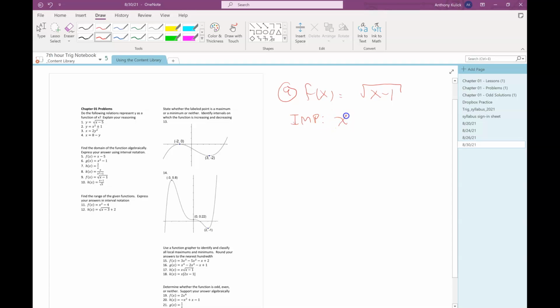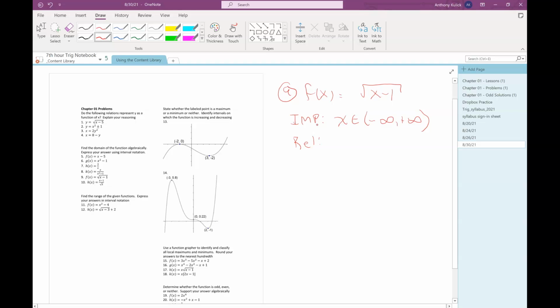In this problem, since there's no context, it's not part of a story problem, x and y don't represent real world objects, we can just assume the domain is all real numbers. To find the relevant domain, what I'm going to look at are the operations involved in the function. So in this function, I have subtraction and I have square roots.